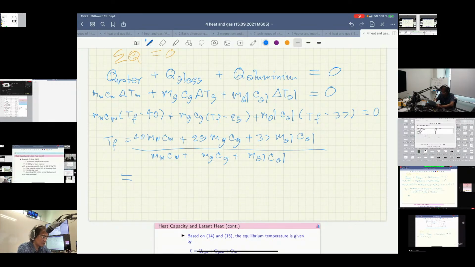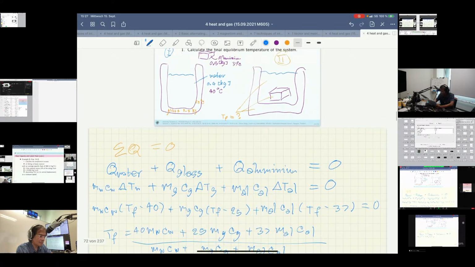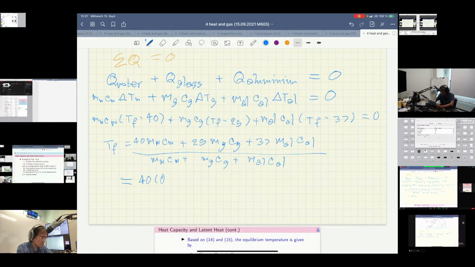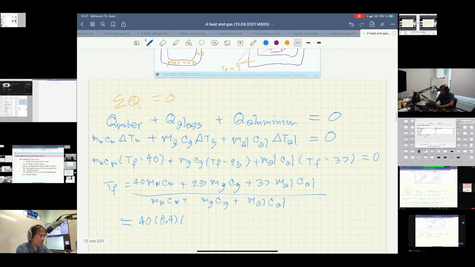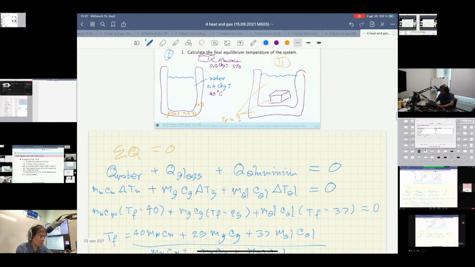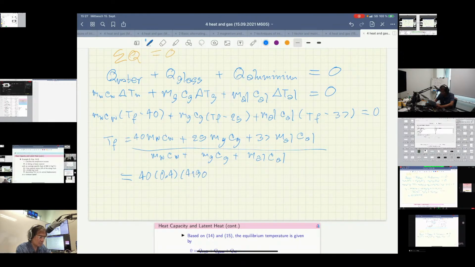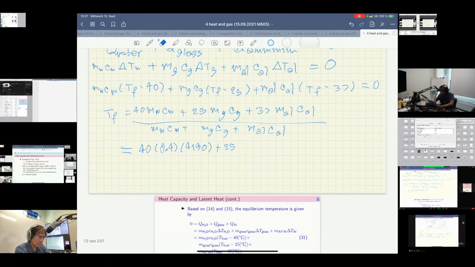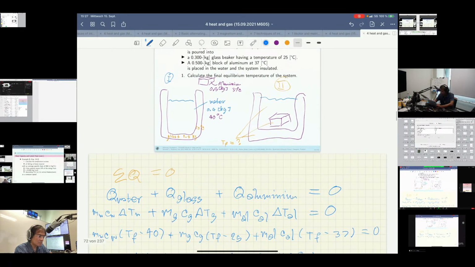Let's substitute everything. 40. Mass of water is 0.4. And specific heat of the water is 4190, and plus the temperature initial 25. Mass of glass is 0.3, and the specific heat of the glass.